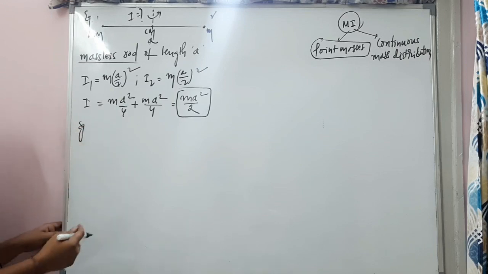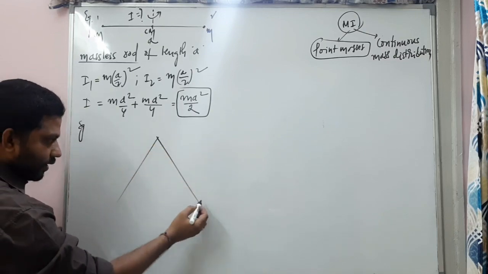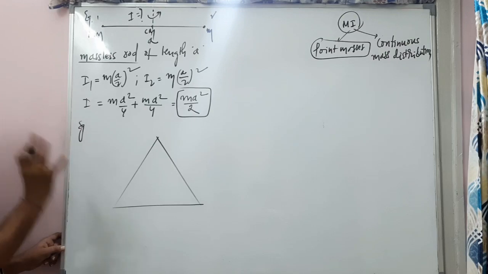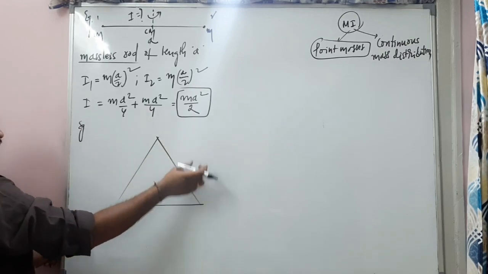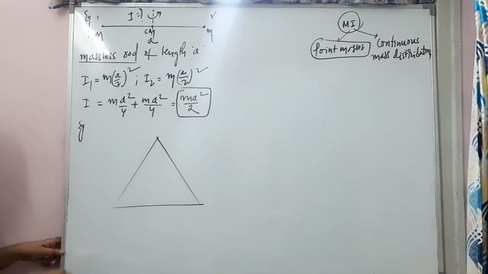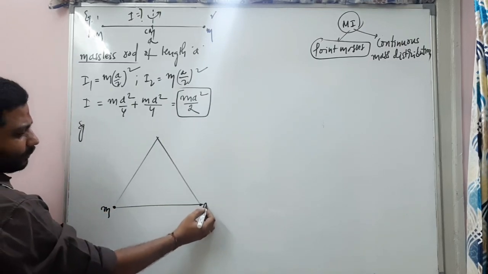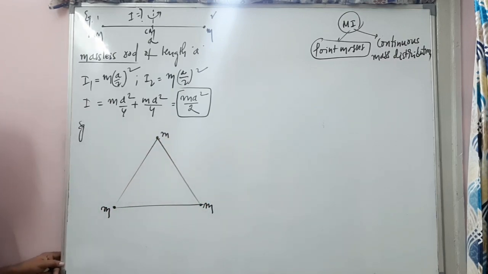Your confidence and the concept will build up right now. Look at here. So there is a triangle which is made due to the massless rods. This is one massless rod, this is another massless, and this is another massless rod. So there is a point mass M kept here, point mass M kept here, point mass M kept here.